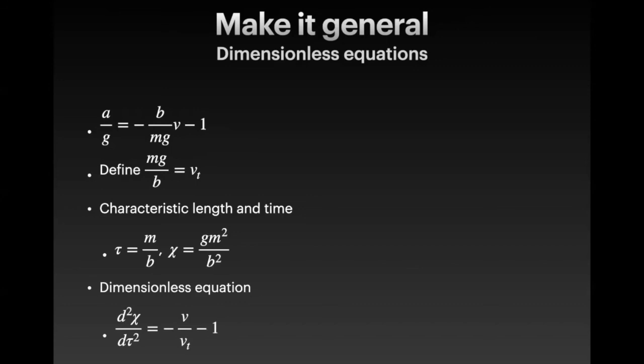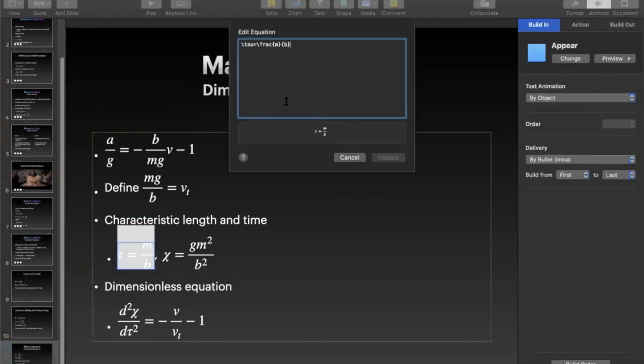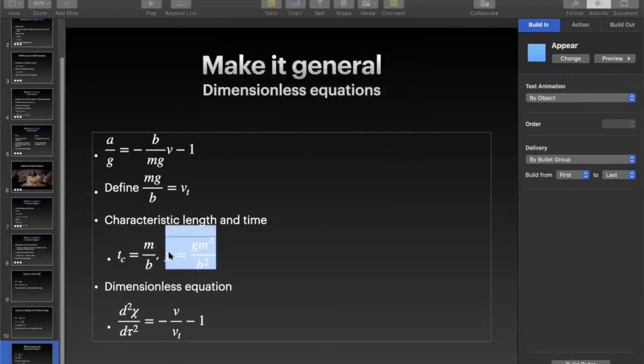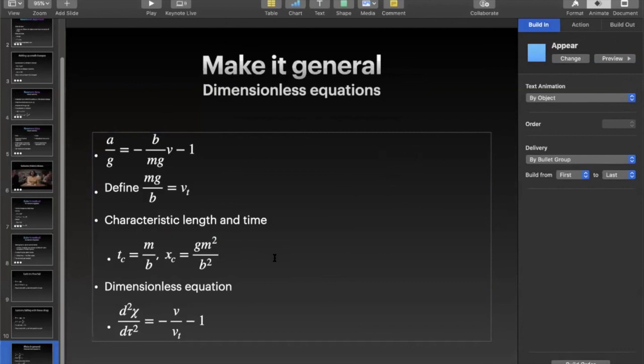Now I just realized I did a bad notation here. I'm going to fix it. Rather than that, I'm going to call this TC for characteristic time, and XC for characteristic length.